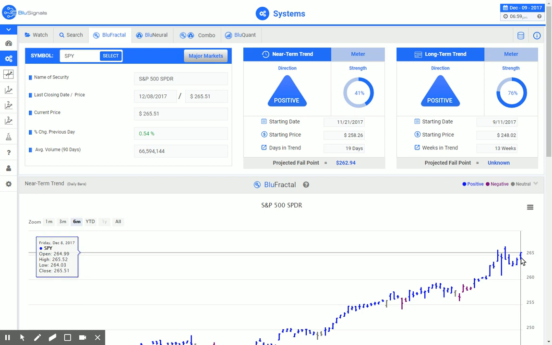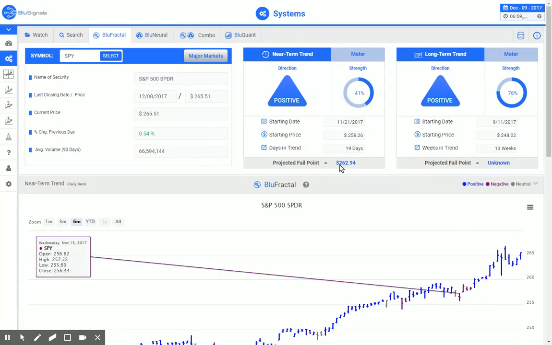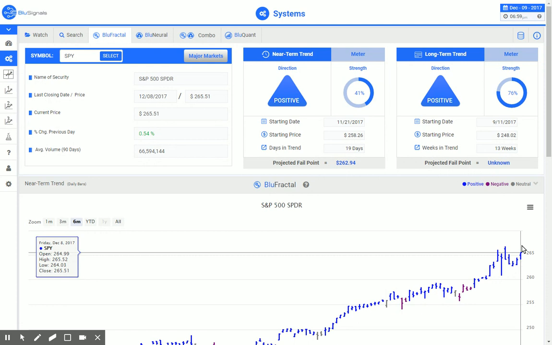To interpret the current market situation, we have a weakening meter for the near term and a projected fail point. However, it's supported by a strong long-term trend with no projected fail point and a 76% strength meter.